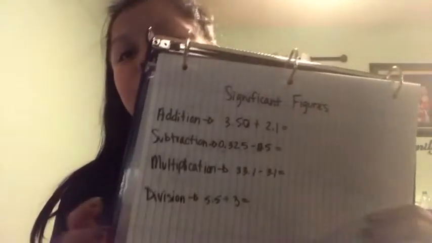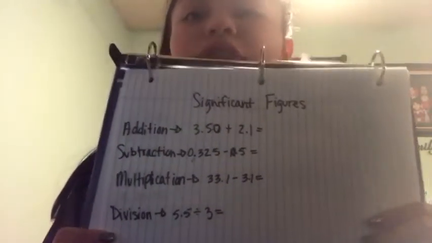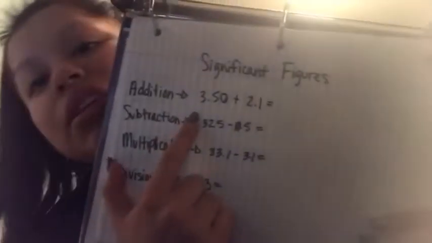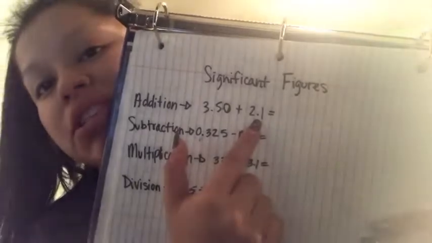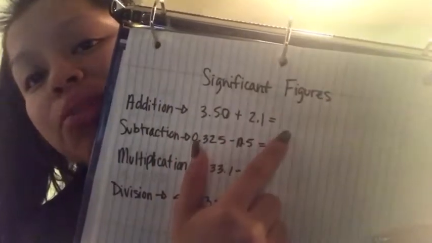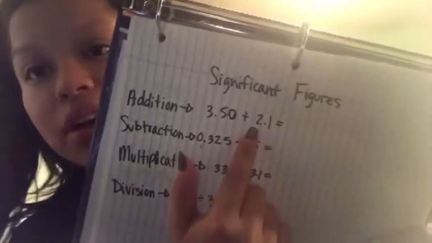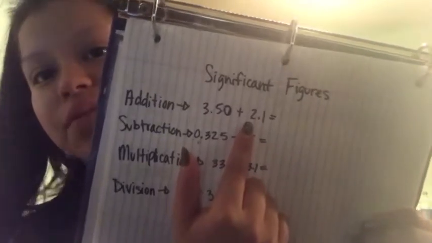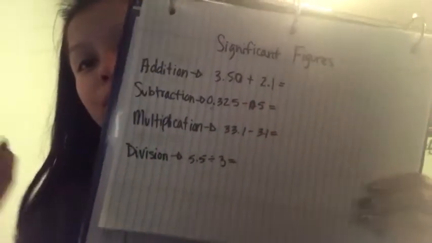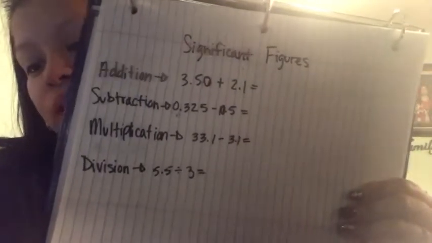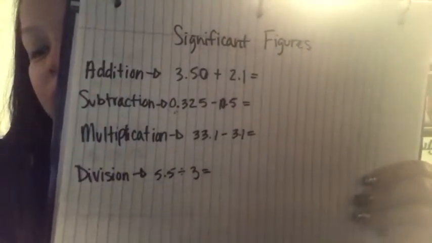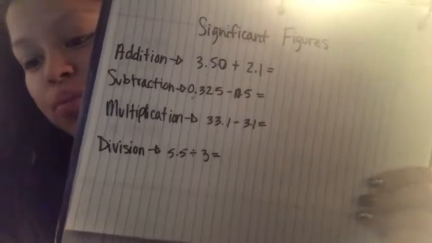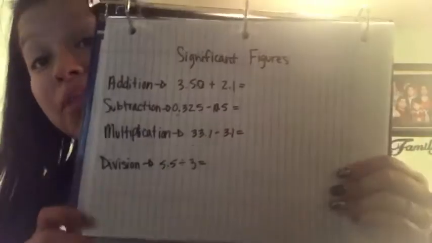Okay, so let's go ahead and get started with these. Right here you can see that there's 3 sig figs in this one, and then there's 2 sig figs in this one. So the answer in the end will have to have the least amount of sig figs. Whenever we add 3.50 plus 2.1, it will be 5.6.